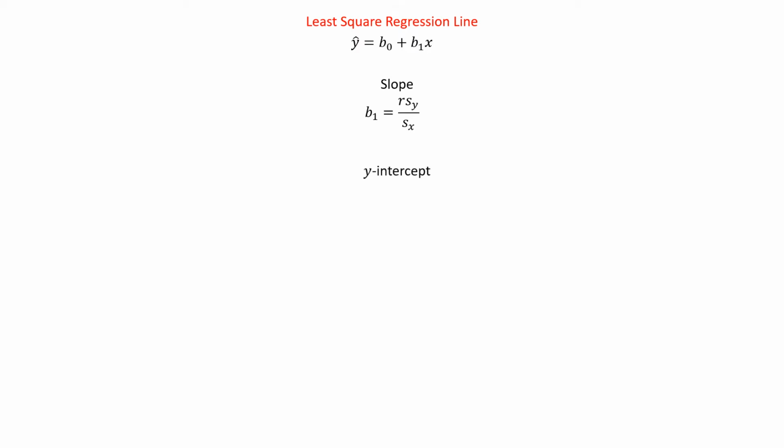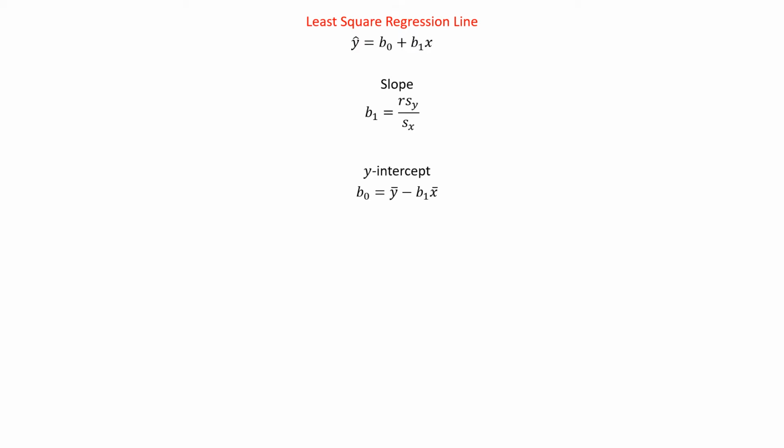The y-intercept is going to be b naught. So the y-intercept is going to be y bar, that's the mean of the y values. So I know that these values, they're all ordered pairs. It's x comma y, x comma y, x comma y. If you took the mean of all the y values, you get y bar minus the slope times the mean of all the x values.